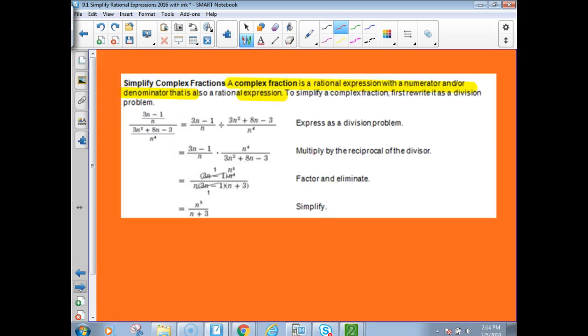Oh, actually, the fun part. Complex fractions. Fraction over a fraction. Well, guess what? This bar right here, the one that's between a fraction over a fraction, means divide.